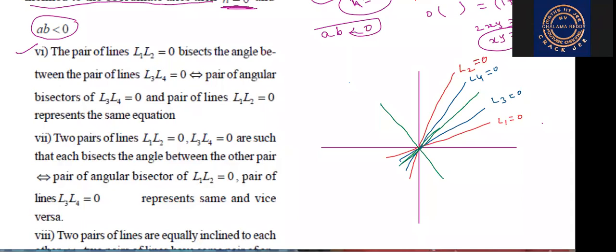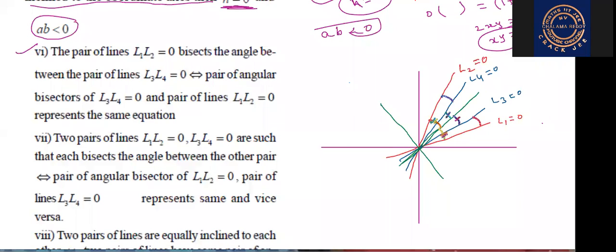Red color is the first pair of lines. So the first pair of lines makes an angle with the green line, the same. And the second pair of lines makes an angle, the same. These angles are the same and these two angles are also the same. That means the angle between these two lines we can expect to be the same.